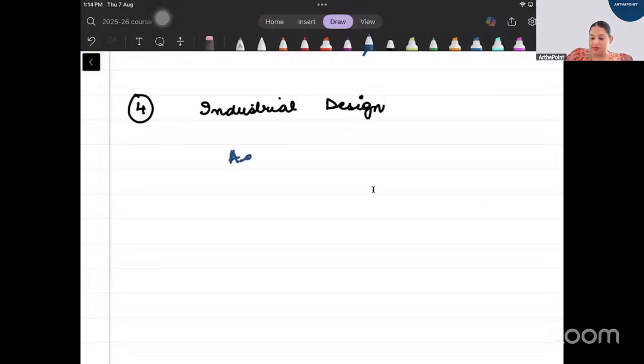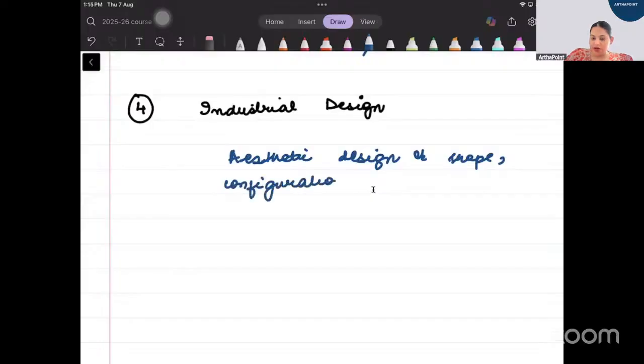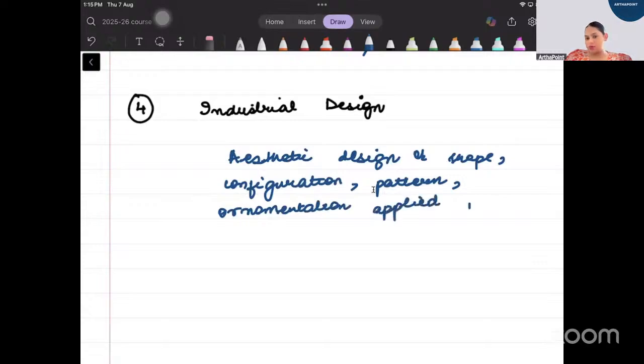So this is where you have aesthetic design or shape, configuration, pattern, ornamentation applied to products, right?